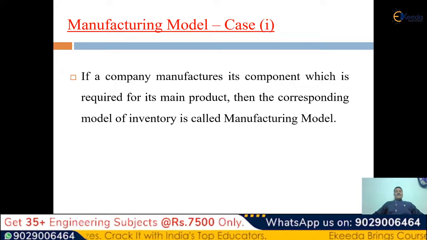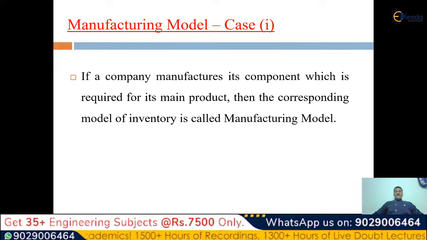For example, if we take a bike, all the accessories which come along with the bike come under this manufacturing model inventory. Due to the wear and tear of the vehicle as it moves, certain replacements are always required.